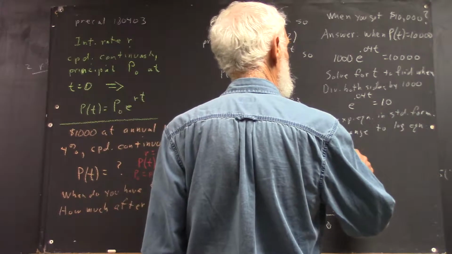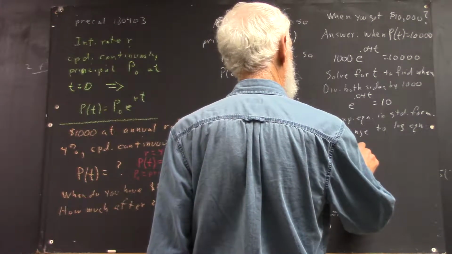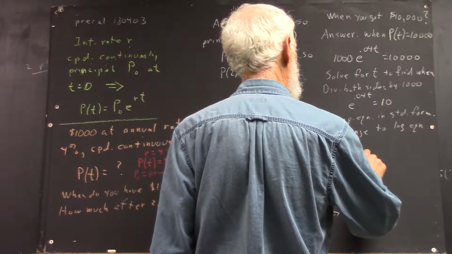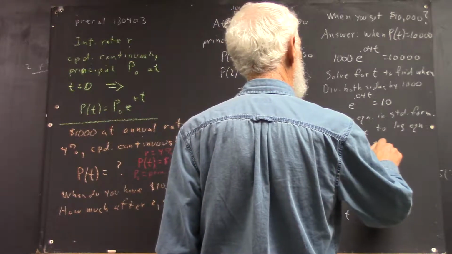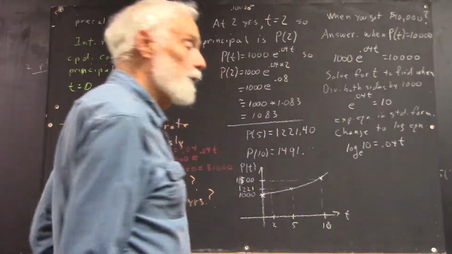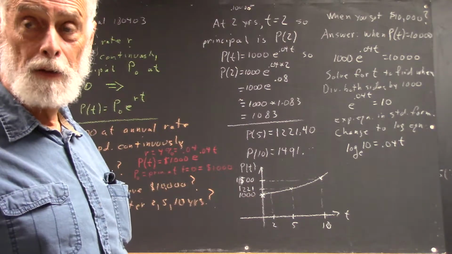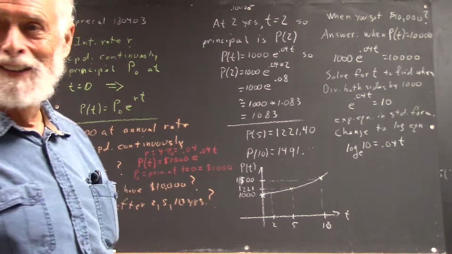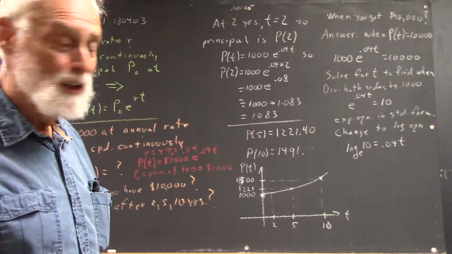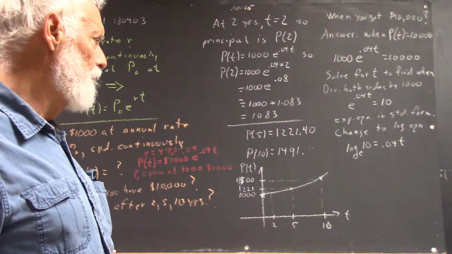So we get log base e of 10 equals 0.04t. Okay? In your 100 years, it'll start looking better. Hey, doubling time ought to be 18 years, 3 doublings.